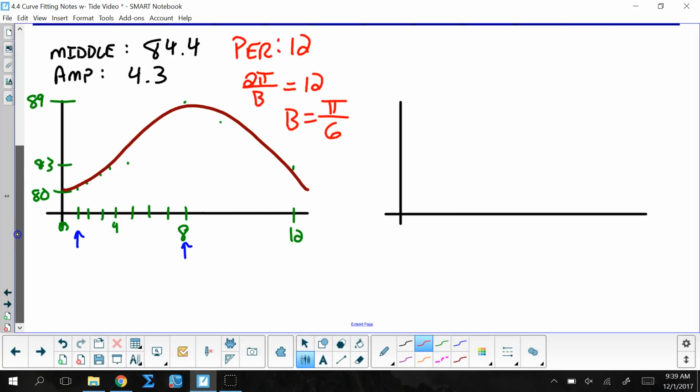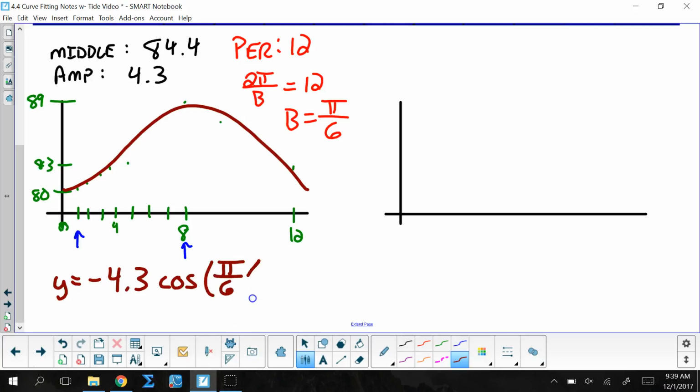So, if I started at 1 in January, t equals 1, then my cosine is going to be negative 4.3 times the cosine, because I'm starting at the low, that's why it's negative, times pi over 6 times x minus 1, plus 84.4.